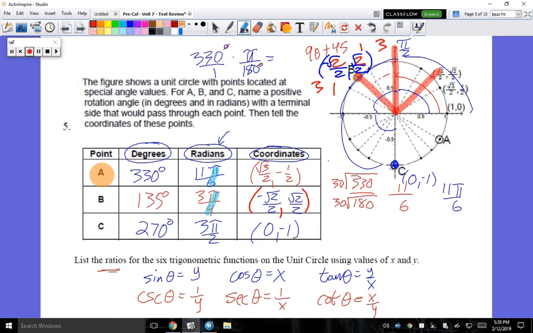Now what we're doing with this is, let's say that I asked you, what is the sine of 330 degrees? Let's say we were looking at that. All you would do is find the y value, which is right here. So the sine would be negative 1/2. If I asked you to find the tangent, let's say at 135 degrees, you look at 135, and the tangent is the y value over the x value, so it would be this y value over this x value. Some of you probably cringe when you see something like that.